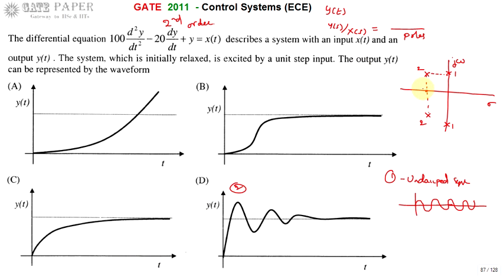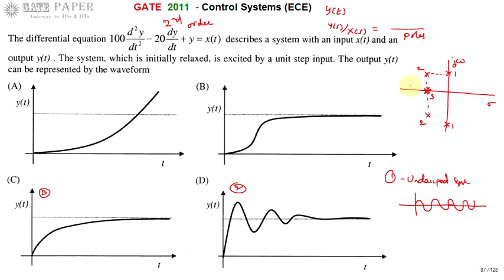In the third case, both the poles are at the same place, a double pole on the negative real axis, and the system is critically damped. The response looks like this.